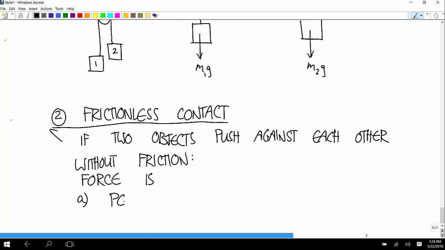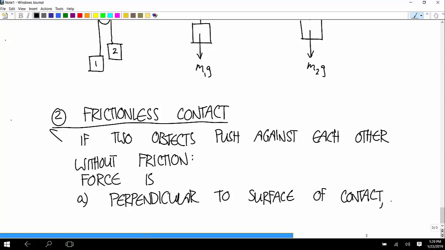I'll give examples. And this time it's toward the chosen body.